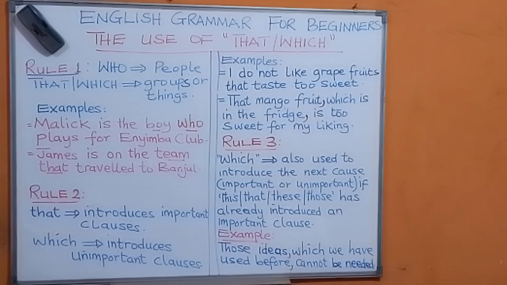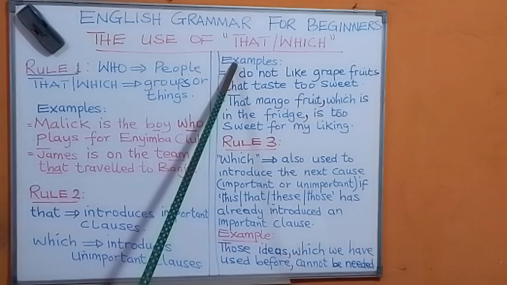But you have to note that important clauses do not have commas surrounding them, but unimportant clauses do. That means the moment you see which, the likelihood is that you are going to see commas surrounding the information that you want to put there.